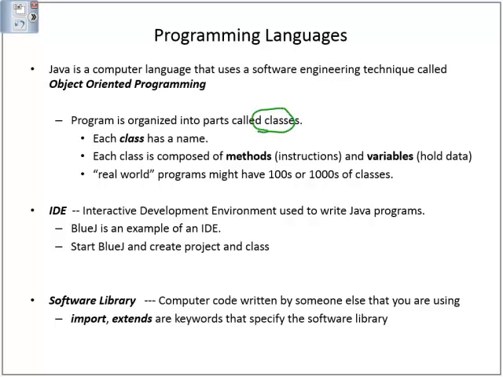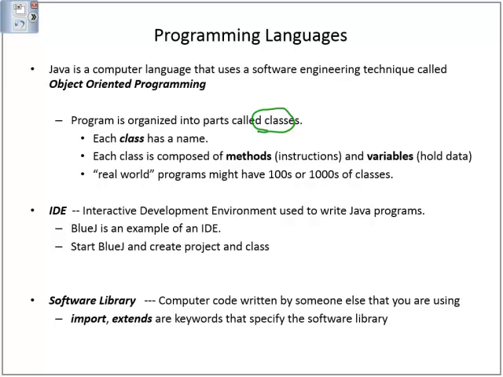For at least starting off in this course, otherwise I'm using the word class to mean two different things, the programs we'll be writing in Java will basically consist of a single class, one class. And then as weeks go on, we'll start to write more complicated things that use multiple classes.